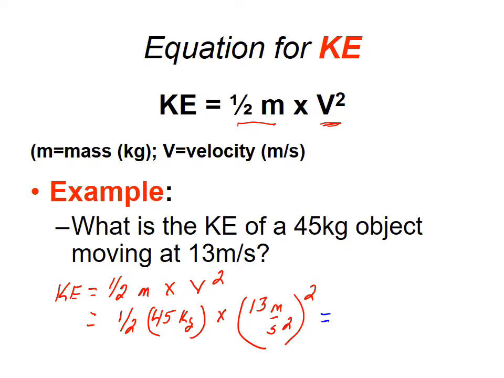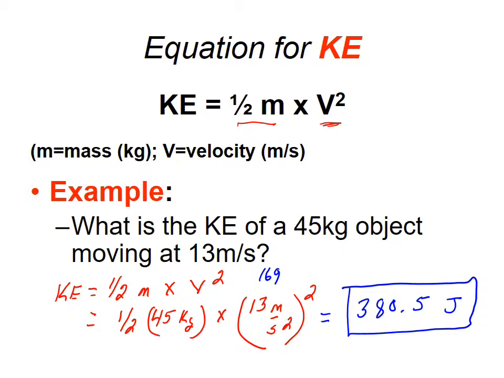So when we run things through the calculator, we have 45 divided by 2 times 13 squared, which happens to be 169. When we run all that through the calculator, I get 3,802.5, and again our unit is going to be joules. 3,002.5. Forgot a 2 there, sorry.